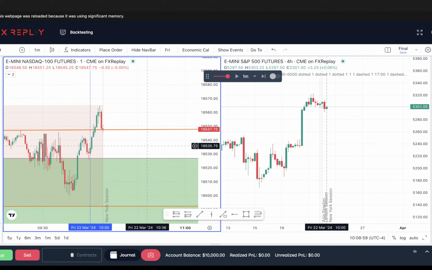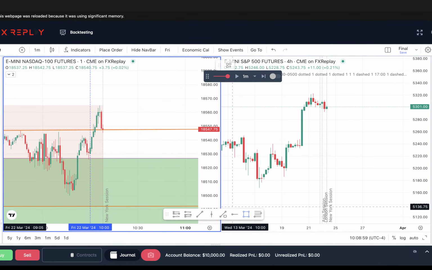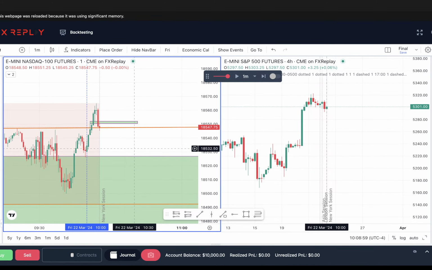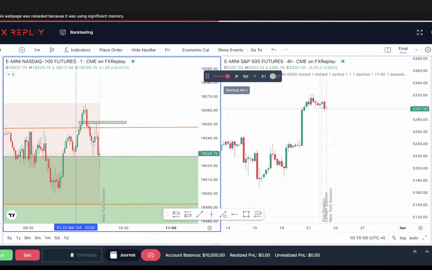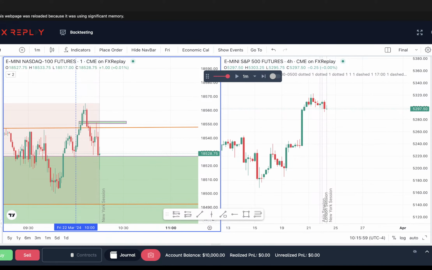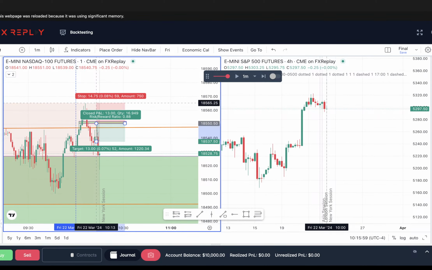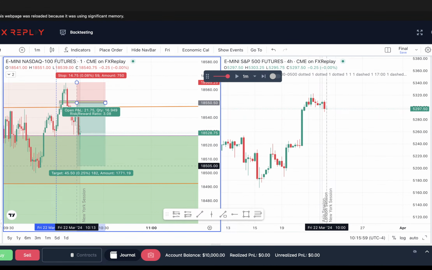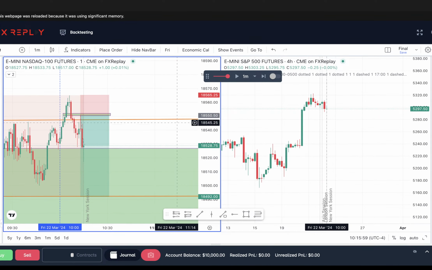On the 1 minute, there is a fair value gap to inverse if you want it. We don't get market structure shift till way down here, which really sucks, but we did get a tap back into it, so I guess that'd be our trade. And we don't even have to take it to external liquidity. We can take it here, that's a good 1 to 3.